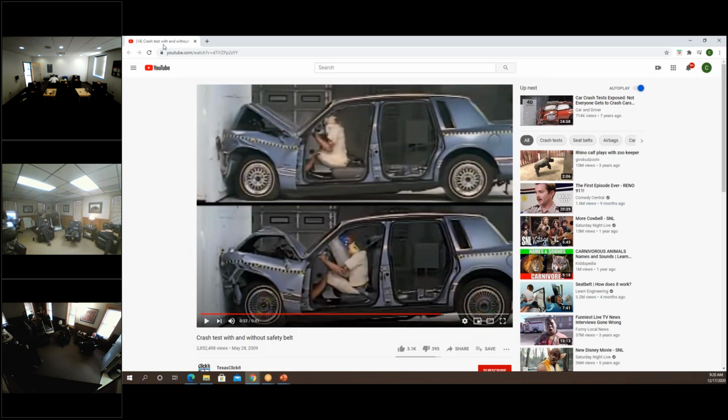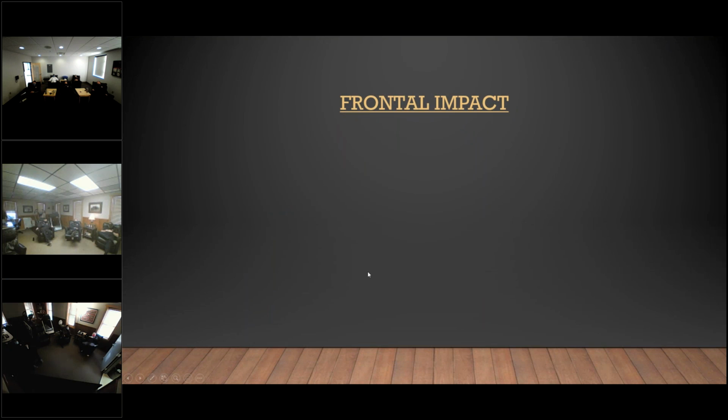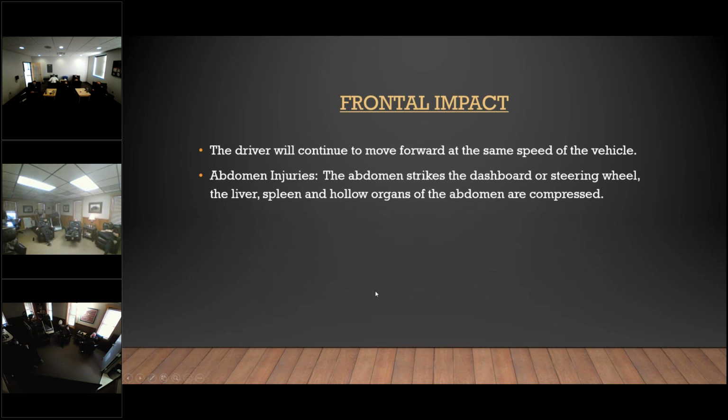So other injuries that we're going to see, and we're going to break down each body system. Within the abdomen, what we're looking at is different organs and how they actually function within the body. With our solid organs, they're very vascular, they hold a heavy amount of blood.